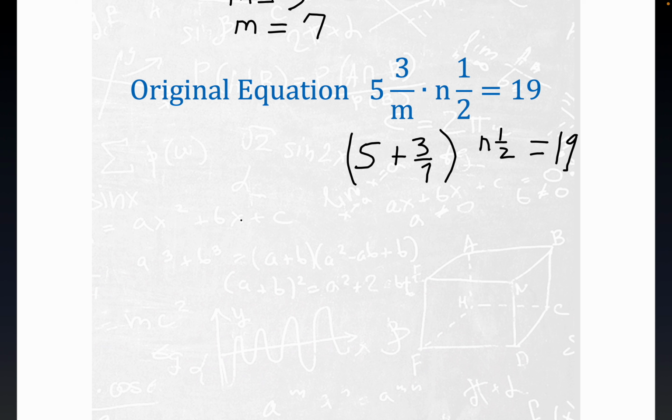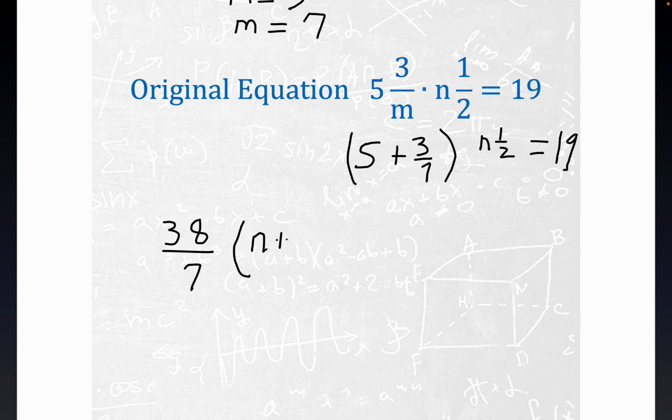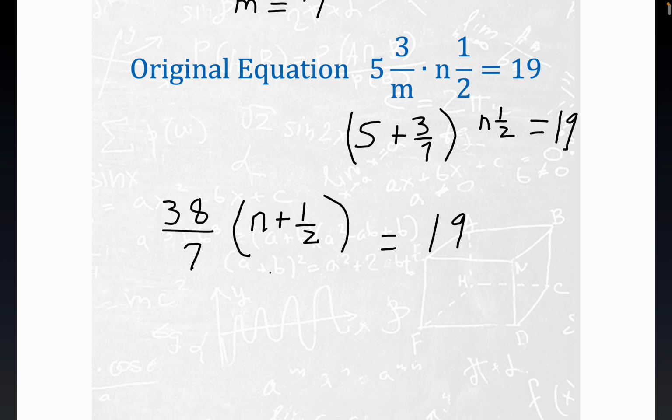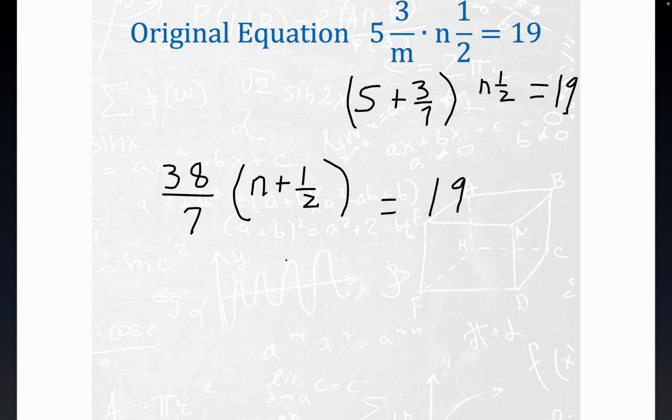5 plus 3/7 is equal to 38/7, right? So what we have is 38 over 7 times, now we got to be a little cautious right here, n plus 1/2 equals 19. Now notice, and I'll just write down the solution to this rather than bore you with all the steps, this implies that n equals 3.